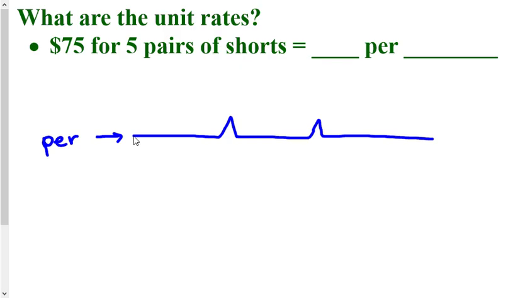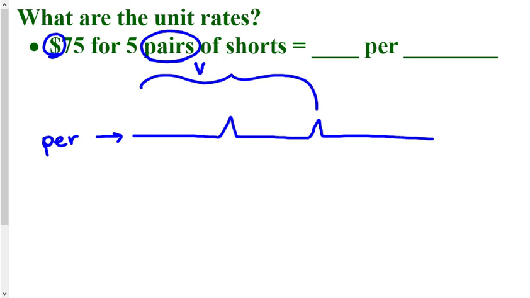When we look at this, we put our two things that are being compared, the amount of money and the pairs of shorts, which means our units, in the first two top and bottom sections. When we set up a bridge map, the first 2 sections are what we know, and the last section is what we want to know.